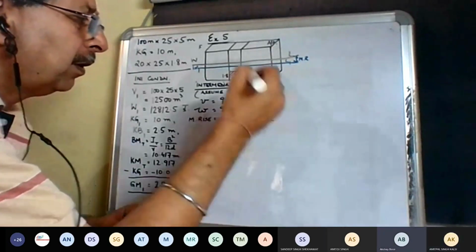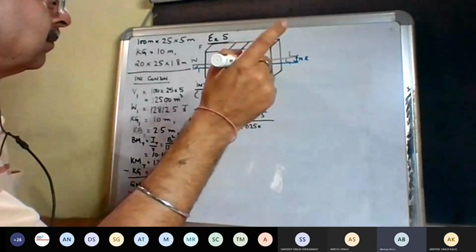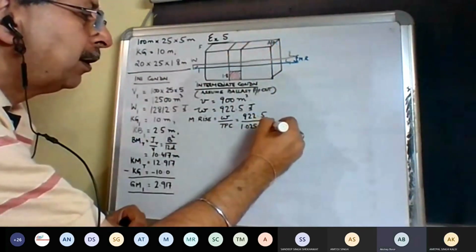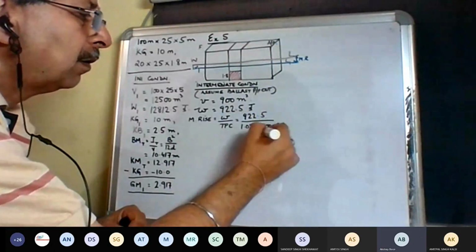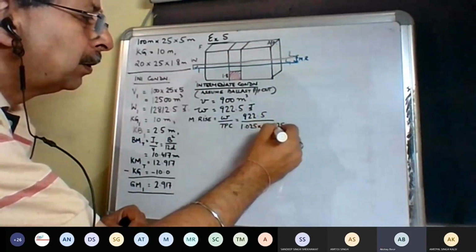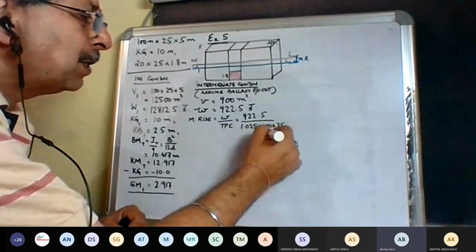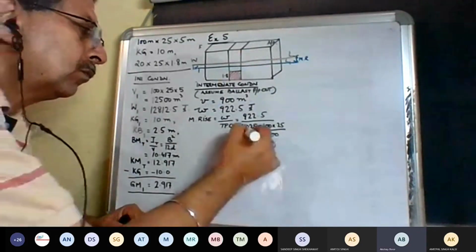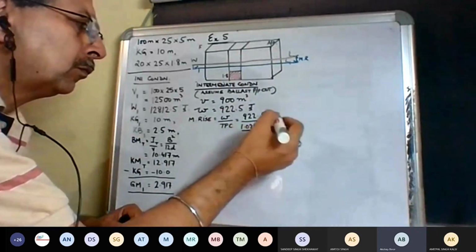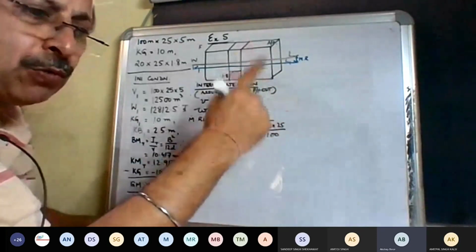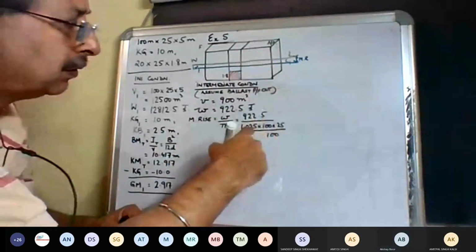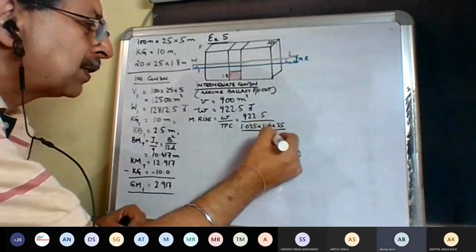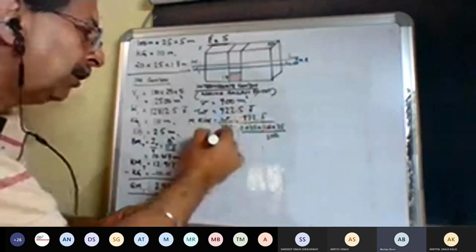TPC is 1.025 into water plane area upon 100. Water plane area is 100 into 25. The 100 cancels. Calculate the mean rise.